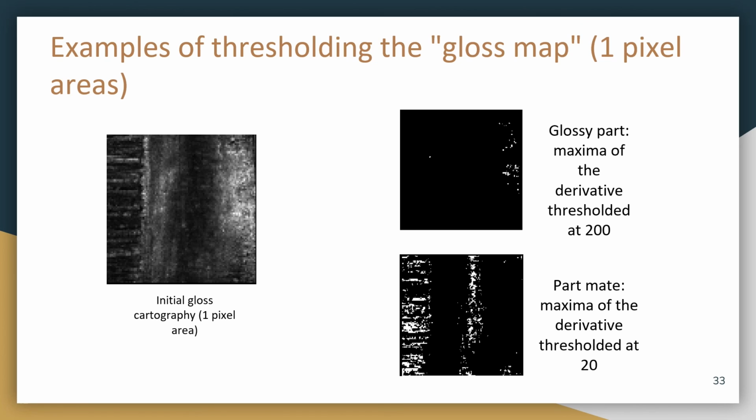And here is an example which is useful to enhance the different parts of the surface. For example, here we can enhance the glossy part by a threshold at 200, and we can also do the same with the matte part using the maxima of the derivative to resolve that 20.